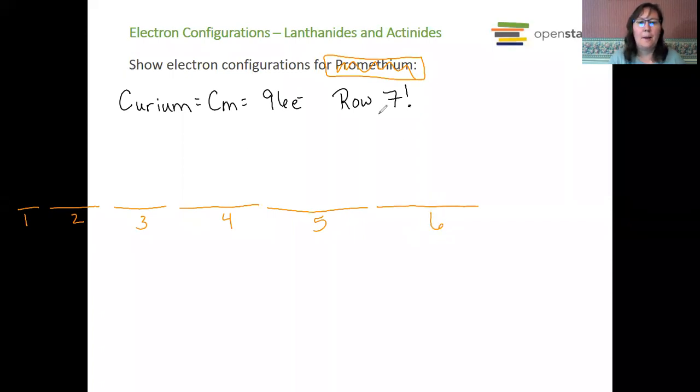6th row. Okay. And then I know that I've got my 7th row kind of hanging off here. All right.